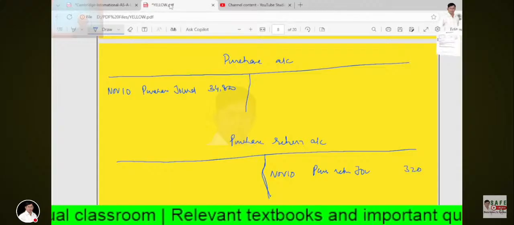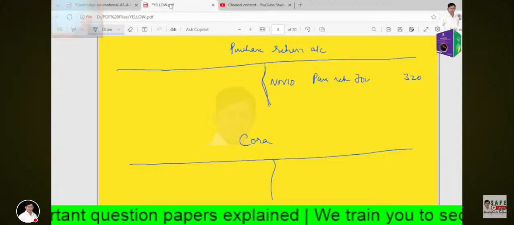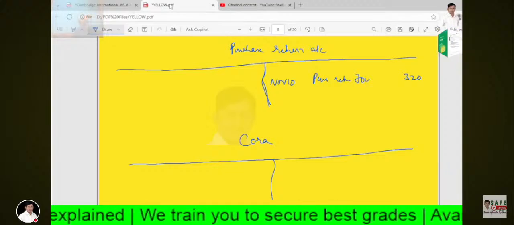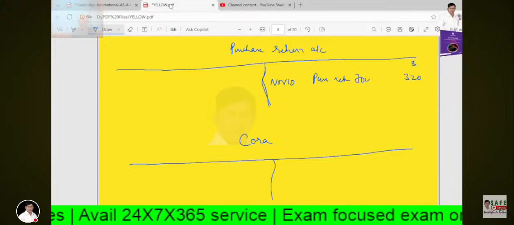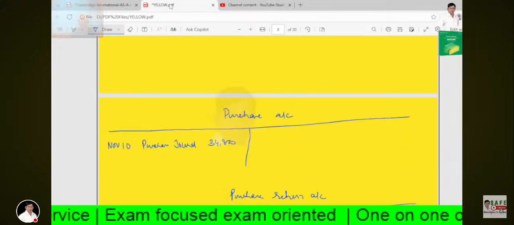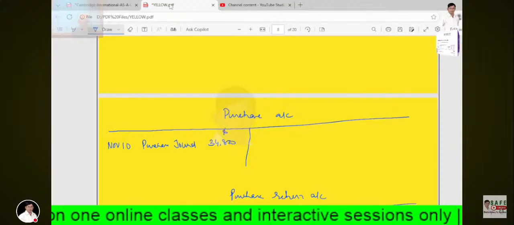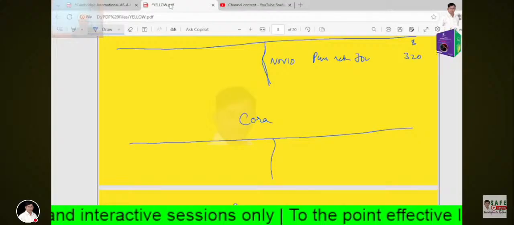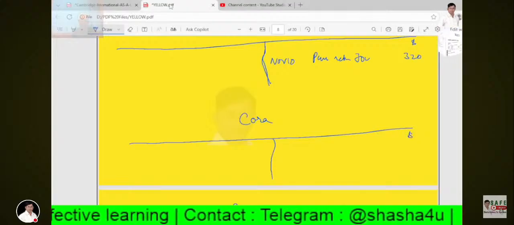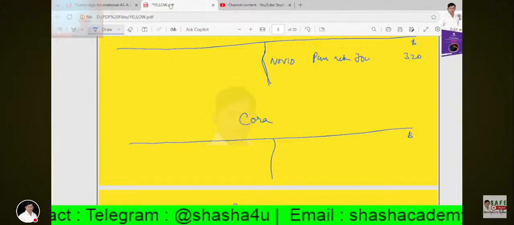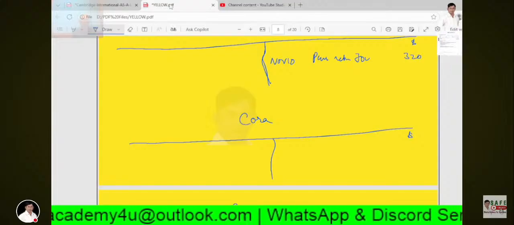So now we have to prepare other accounts, Cora account. We have purchased from Cora, so Cora account will be credited. So always write the amount. So what date did we purchase? You can see from here itself.